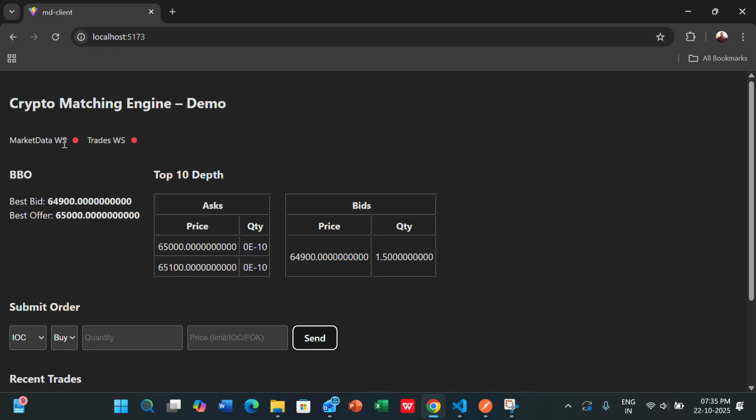As you can see, the market data web server and the trend show red because earlier it was not activated. So when I activate the Django server, it will just start now.